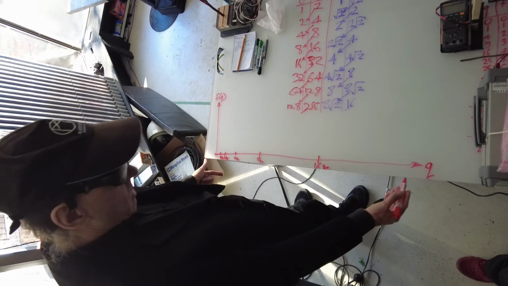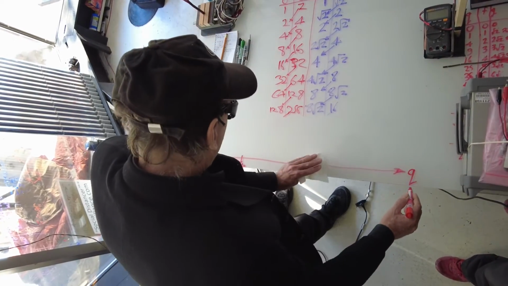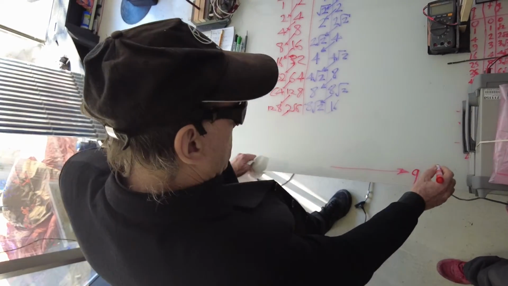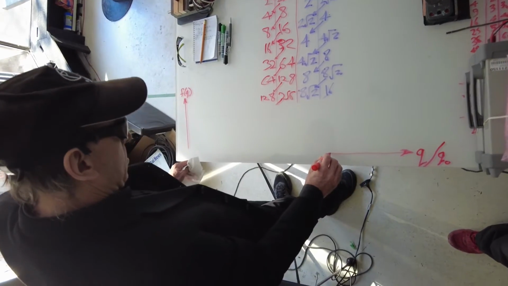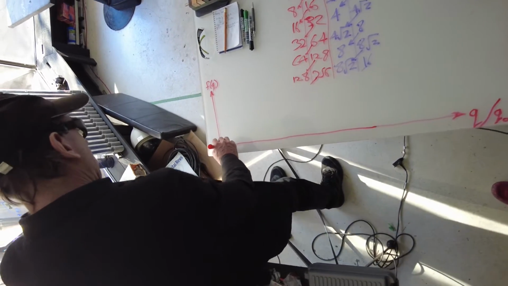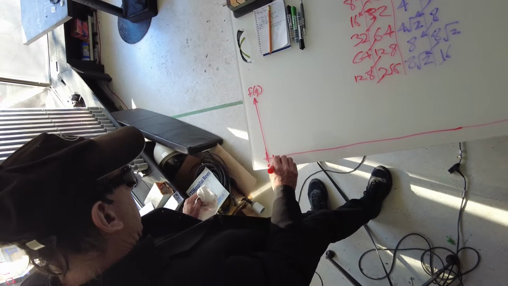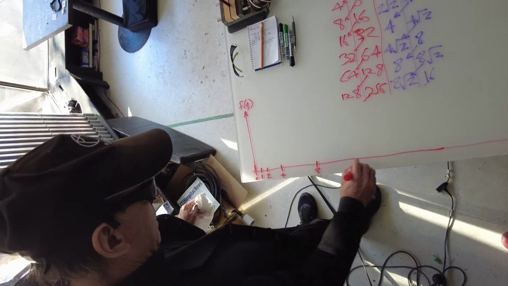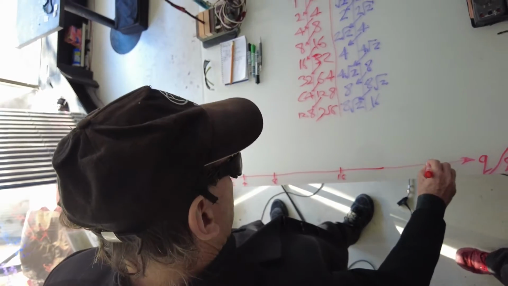Now, if I change this axis label, I take this away here, and I change this to Q over Q0, the reference quantity, then this axis simply becomes 0 here, and then this is our starting point, 1, 2, 4, 8, 16, 32, and so on.